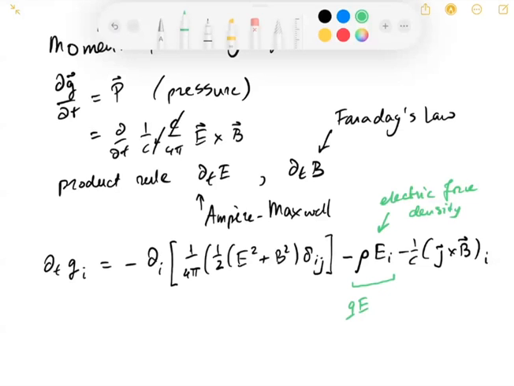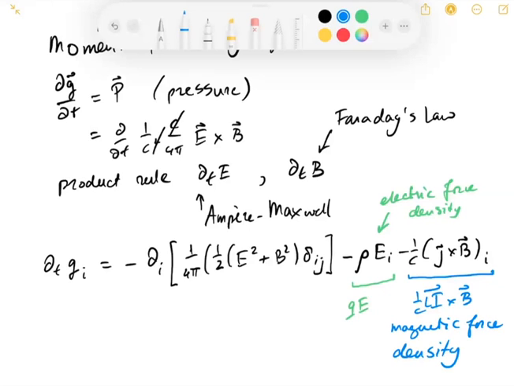Okay, now this one looks just like 1 over c I crossed b, sorry, IL crossed b, except it's not I, it is J. So this is magnetic force density.